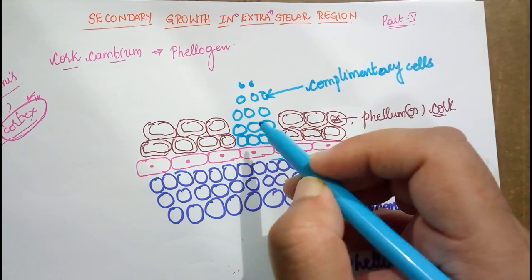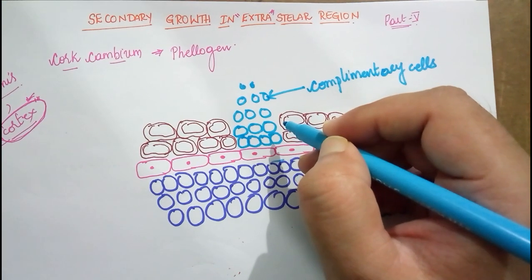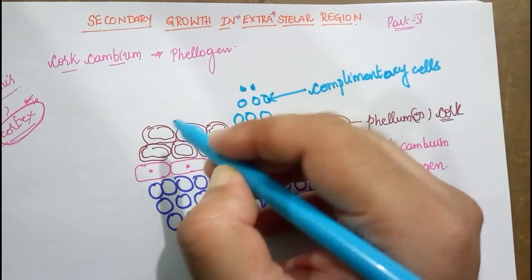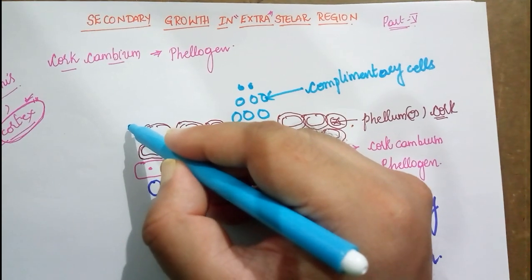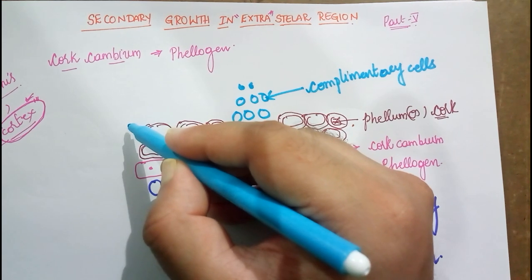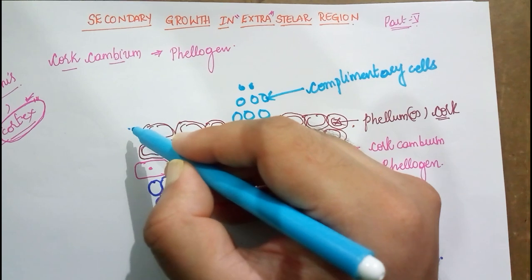Getting it? So these are the complementary cells. And what is the nature of these cells? Usually parenchymatous. So what these complementary cells are going to do is rupture the epidermal tissue, and it is going to form some lens shaped opening.